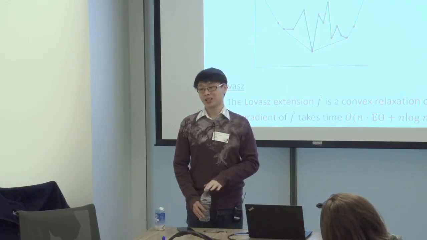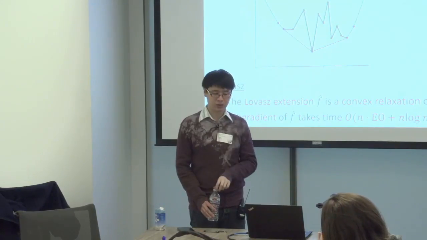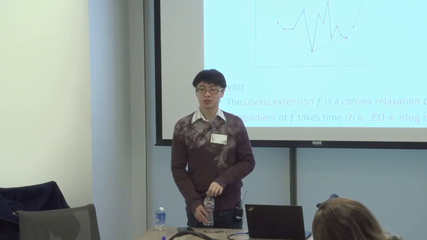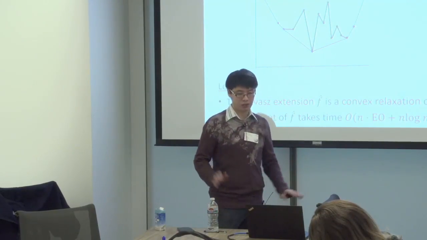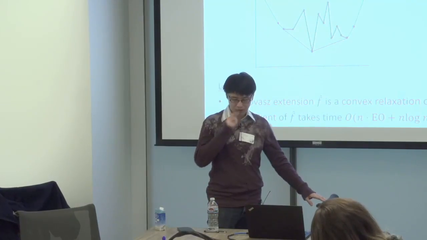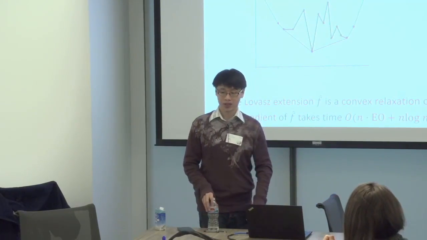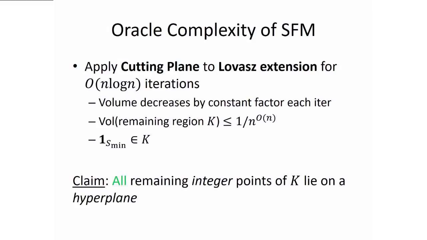That's the only thing we need about the Lovász extension or the convex relaxation of submodular functions. We are not going to make any connection to submodular functions anymore. And that will suffice for our purpose.